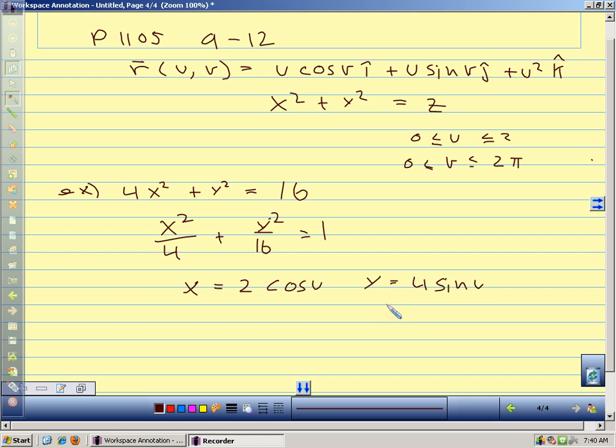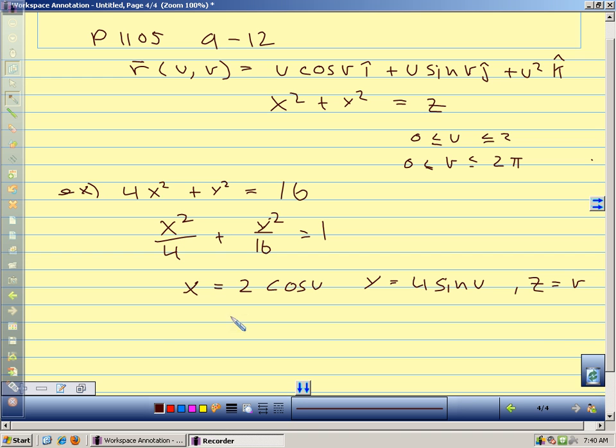And z, how does z change with x and y? Well, we said that our cylinder goes along the z-axis, so z can be anything, right? So we can pick just another parameter. Let's let z equal v, so it doesn't depend on x and y.